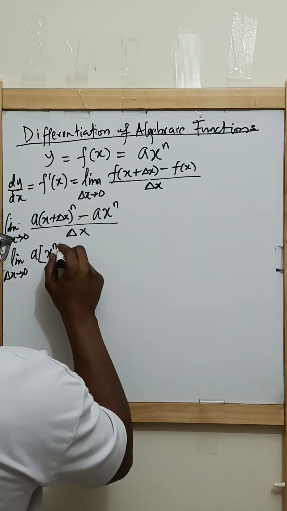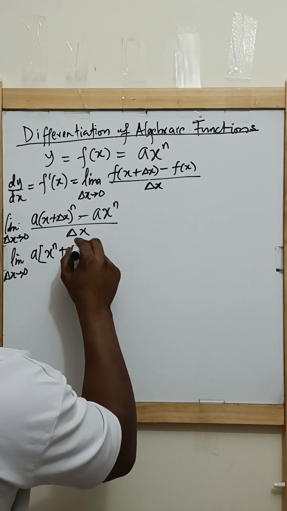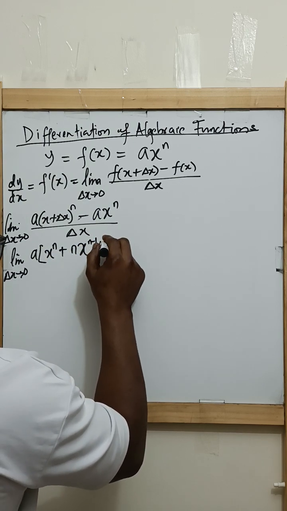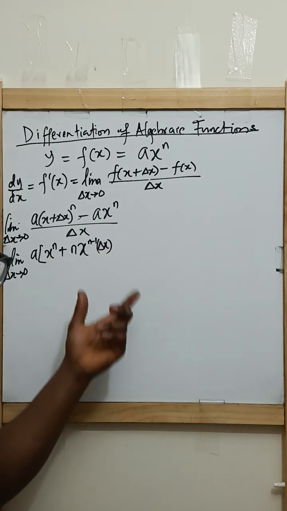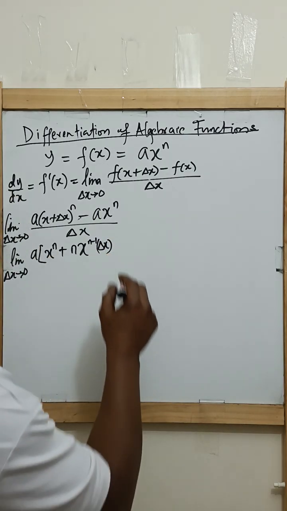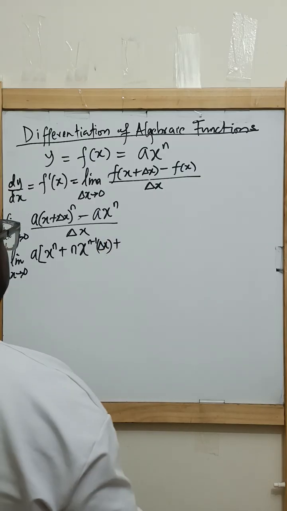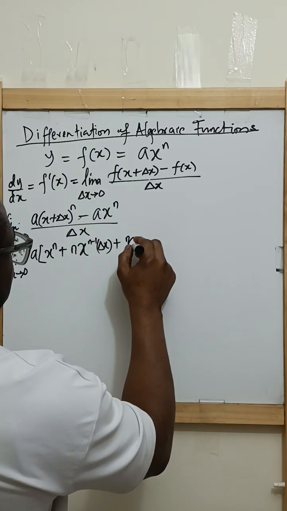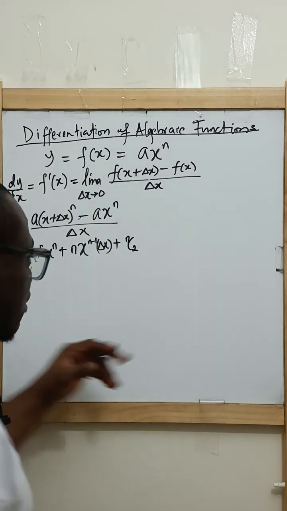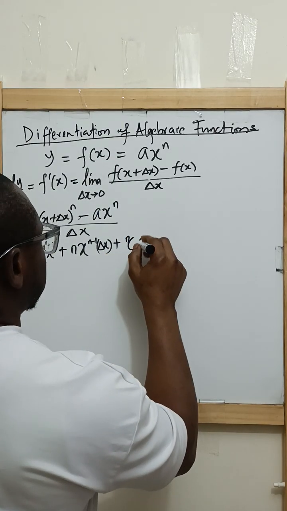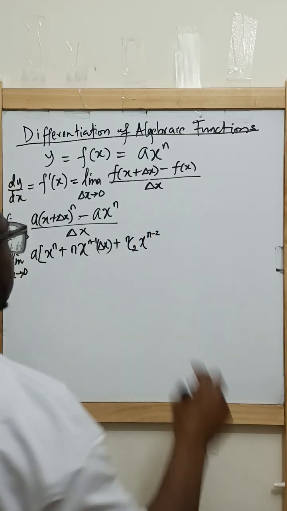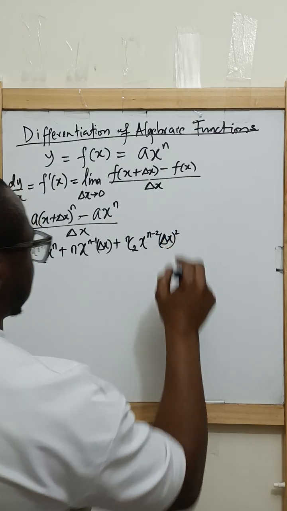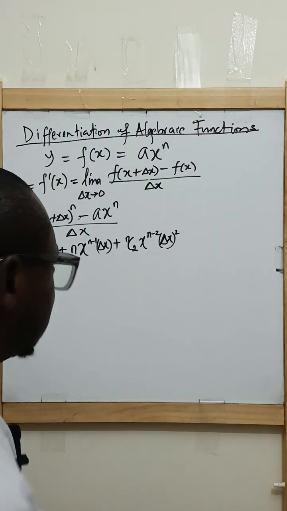Then the second term will be n x raised to the power n minus 1 times delta x raised to the power 1. That's the second term of our binomial expansion. Then the third term is going to be n combination 2, that's the coefficient, times x raised to the power n minus 2, then delta x raised to the power 2, from our binomial expansion.